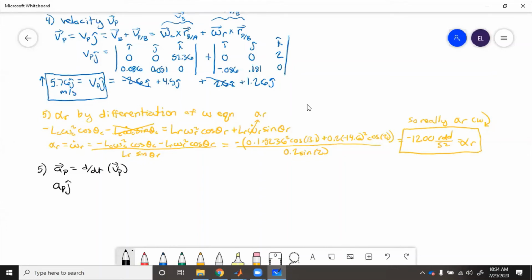So AP in the J hat is going to equal acceleration of B plus acceleration of P with respect to B, which from our general planar motion formulas is going to be omega C dot cross with R B plus omega C cross with omega C cross RB plus omega R dot cross with RP with respect to B plus omega R cross with omega R cross RP with respect to B.